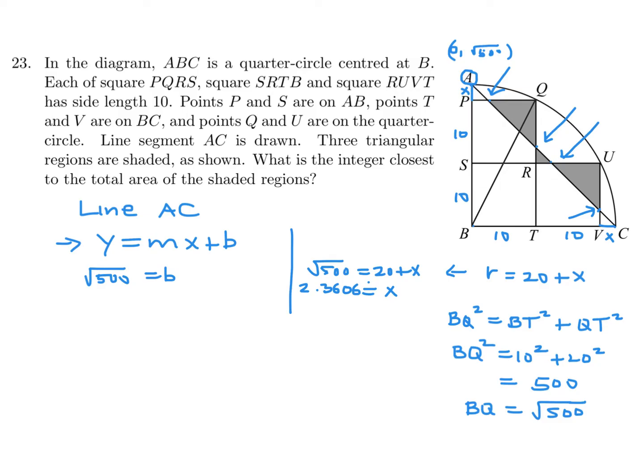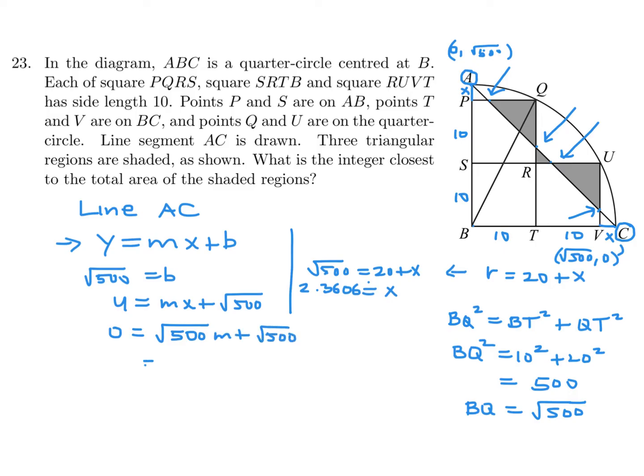Okay, so that helps. That means y is equal to mx plus root 500, and then I will substitute this point C. So C is what? Root 500, 0. Yeah, root 500, 0. That's the coordinates of that point, C. So when y is 0, x is root 500, so 0 equals root 500 m plus root 500.